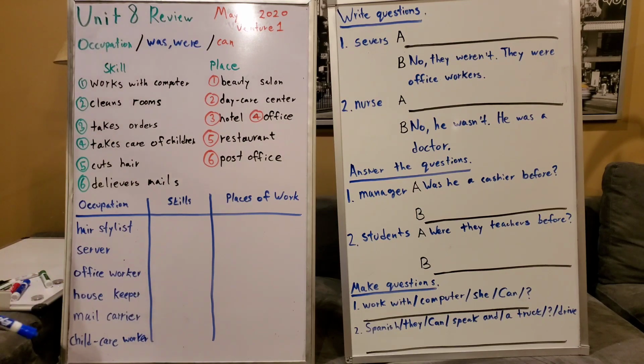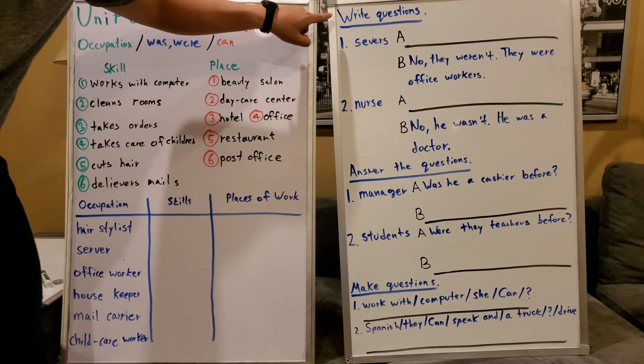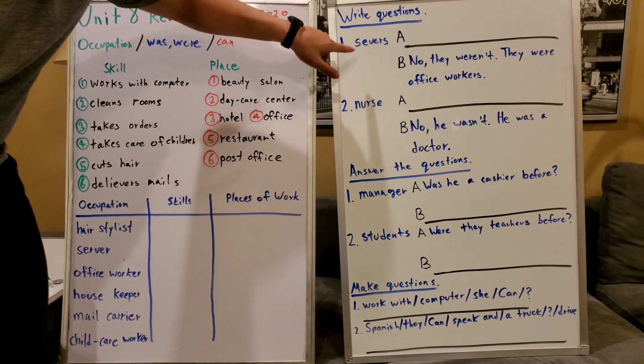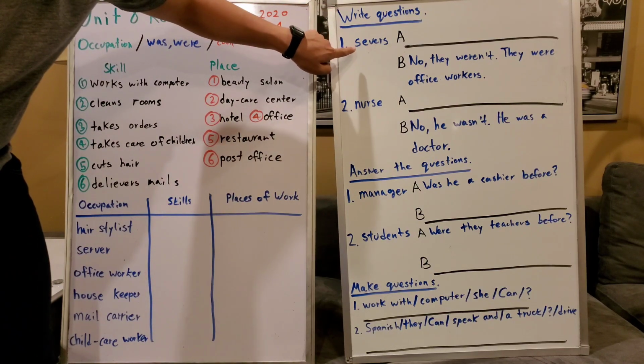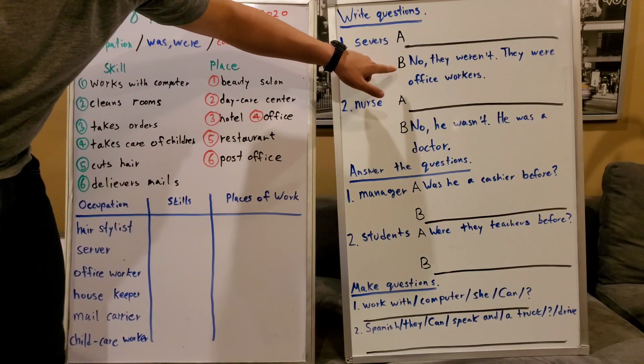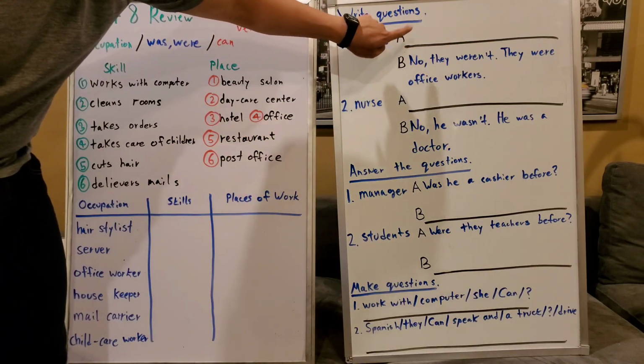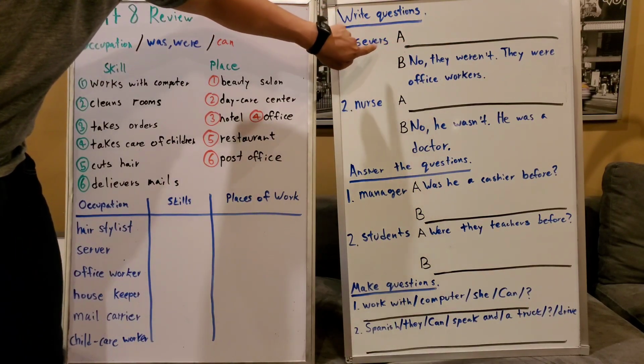Then for this exercise, we have write questions. I give you the name of the occupation, and based on the statement here, you're going to come up with a question related to that occupation.